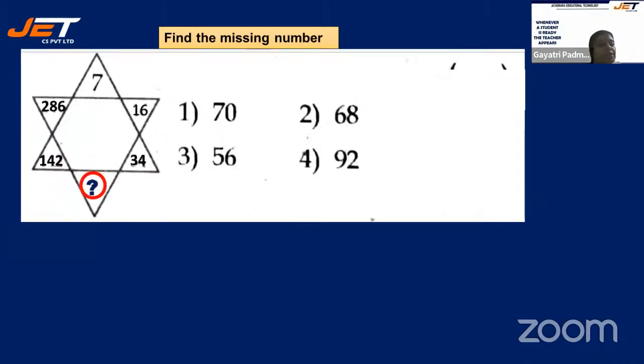All right, see the next question. We have 7, 286, 16, 142, 34, and you have a question mark. So the same 30 seconds can be given to you, not more than that. See what technique could be followed for such sums.